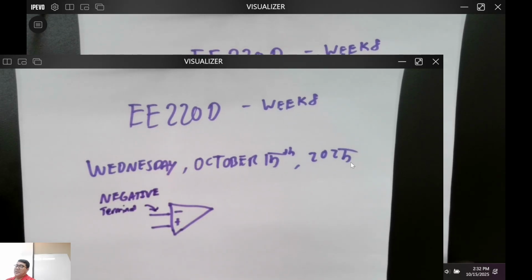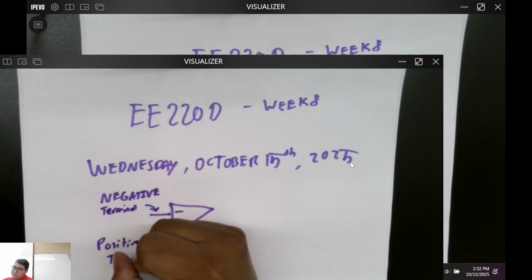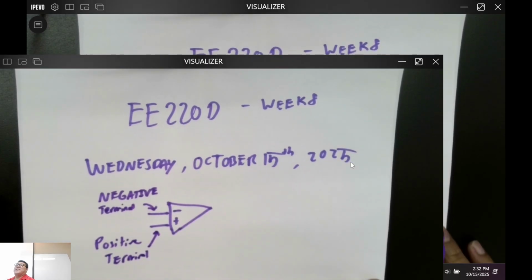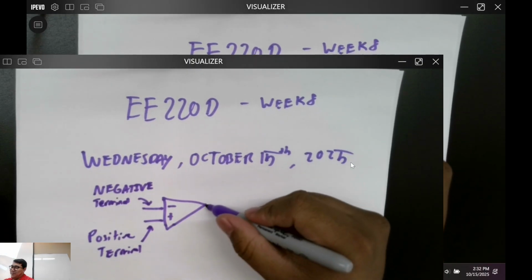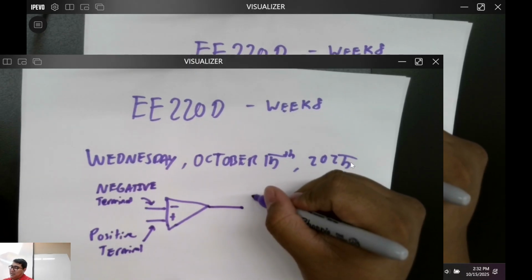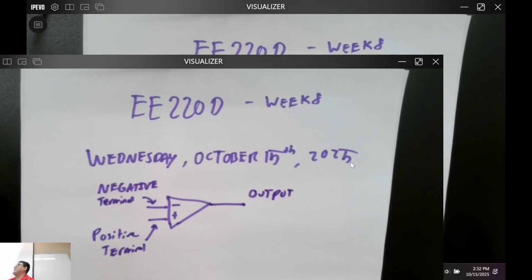Is that good with everybody? And this right here is the positive, right? Is that easy to understand? And then we have one output, correct? And that output's coming from the tip. This right here is our output. Are we at least at the basics of the op-amp?